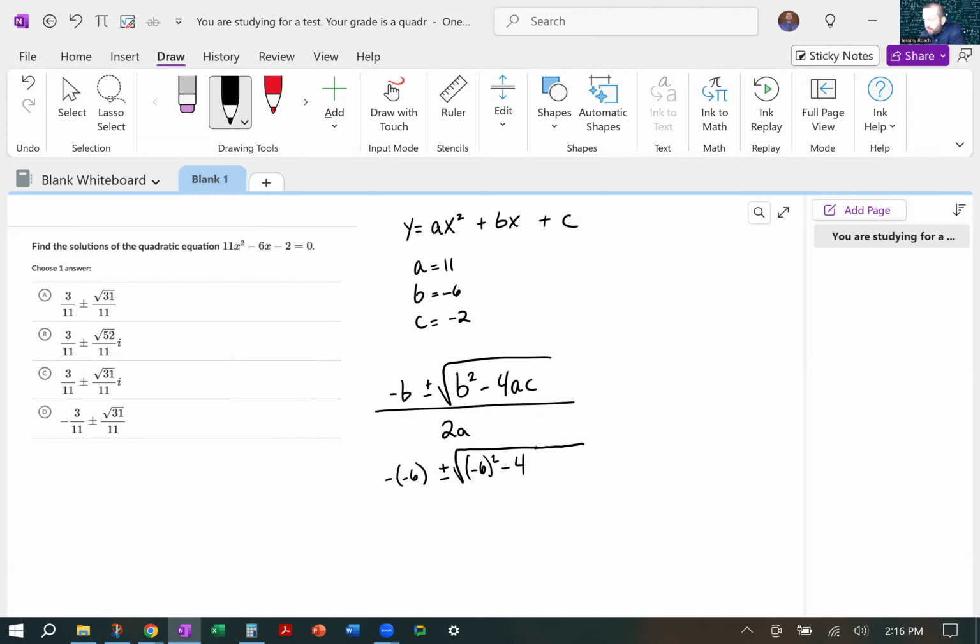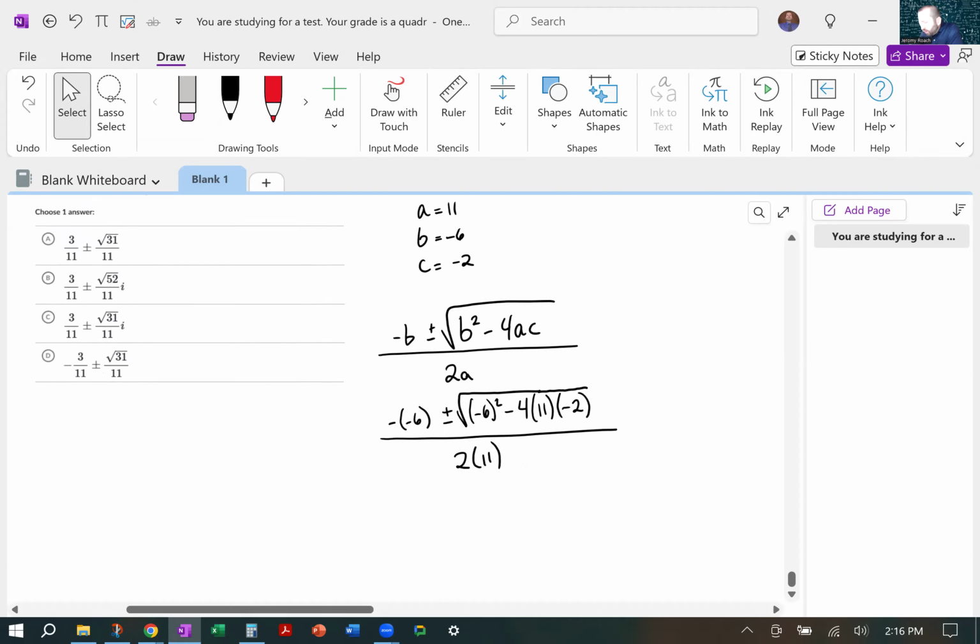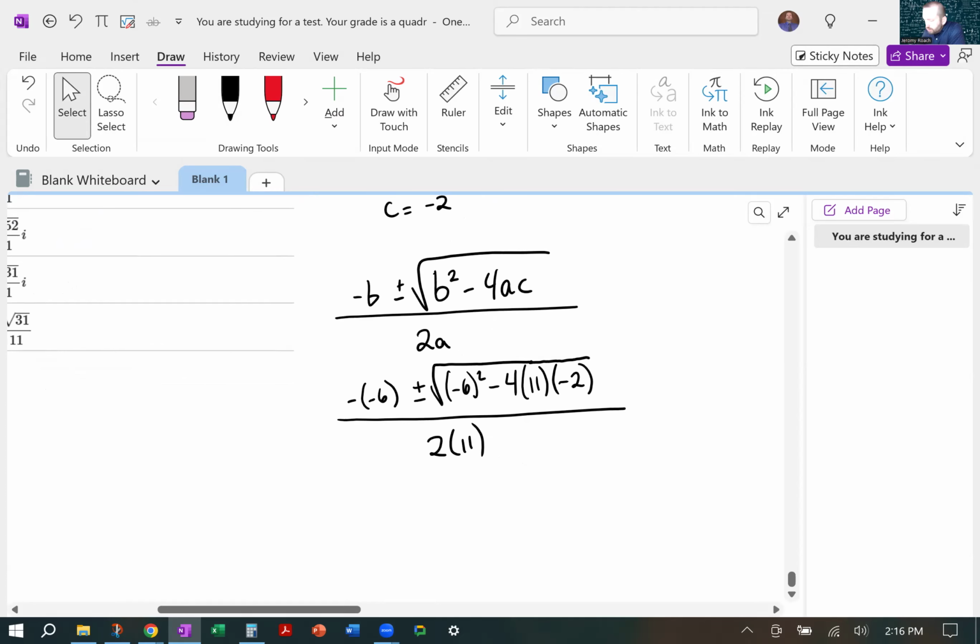Minus 4 times a, which is 11, times c, which is negative 2, all divided by 2 times 11. Okay, so far so good. Let's simplify this a little more. Negative 6 is positive 6, plus or minus the square root of negative 6 squared, which is 36.